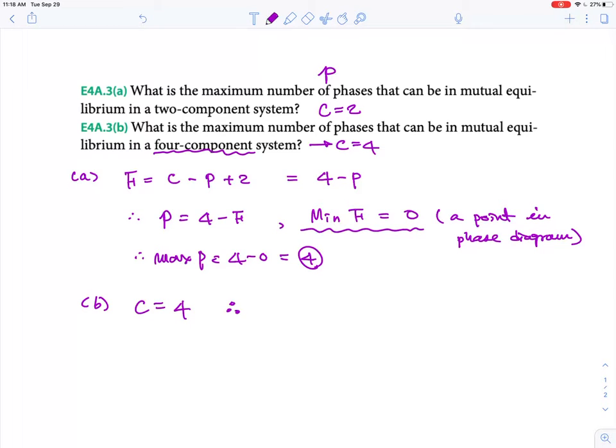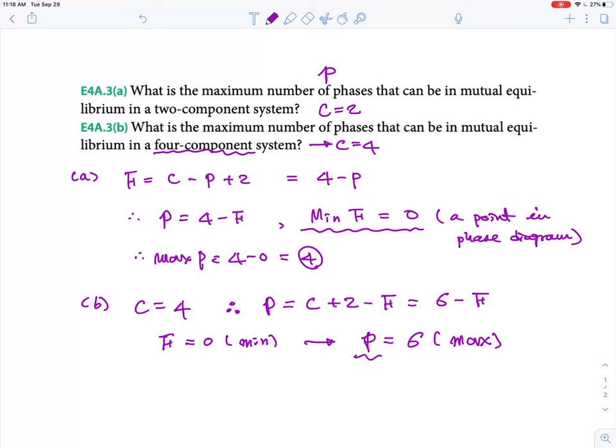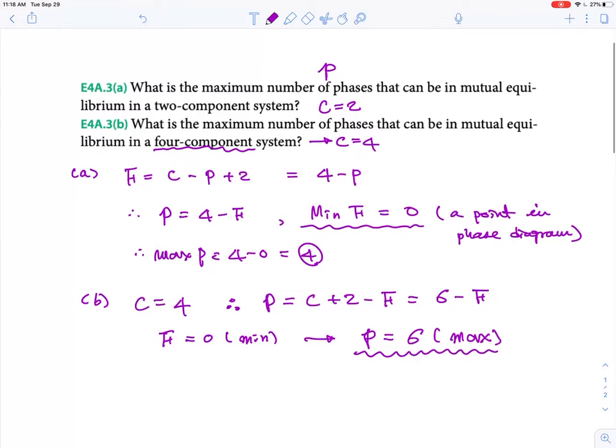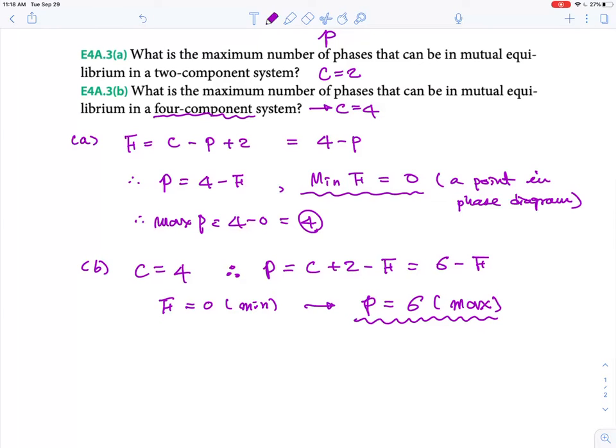Therefore the number of phases, P = C plus 2 minus F, can be 6 minus F. Once again, F is 0, that's the minimum value. So P is 6, that's the maximum value. So a maximum of 6 phases can coexist.